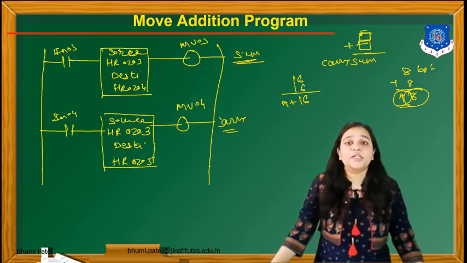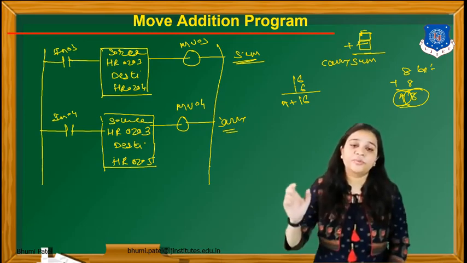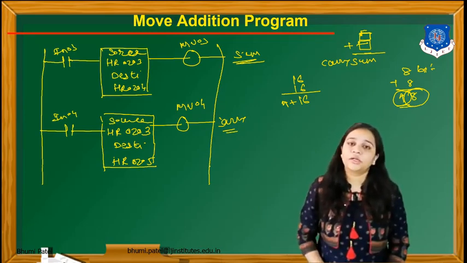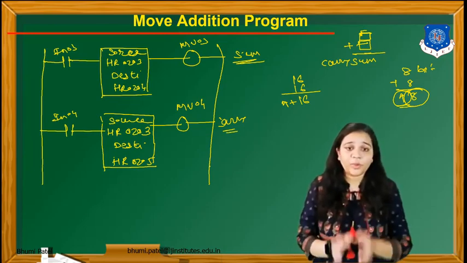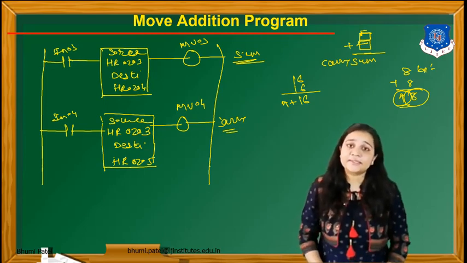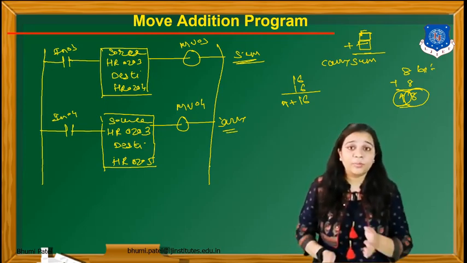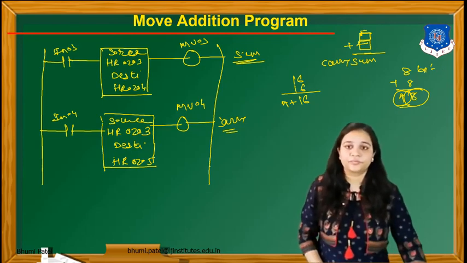So using the move function we can easily send some data from one location to another location. Okay, now we have to move one register to another register. Now in the next session we will study about the number of data from one location to another location.